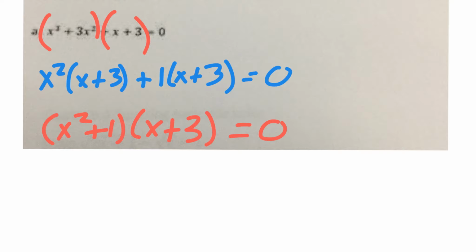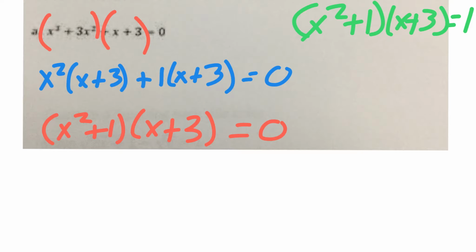If it's not 0, then they wouldn't multiply to be 0. And people think, oh, well, that's just pointless. Who cares? Okay, well, don't write this down, this is just a thought bubble. If I had x squared plus 1 times x plus 3 equal to 1, if I multiply these two things together, does that mean one of these two is 1?